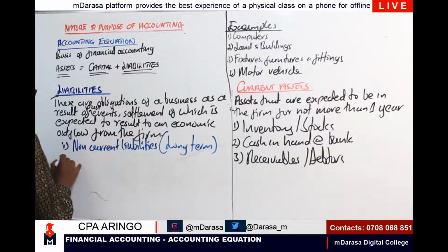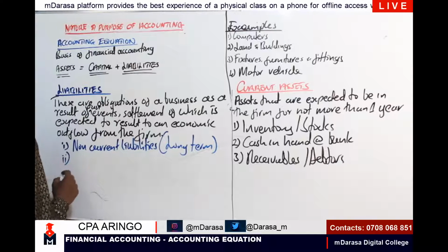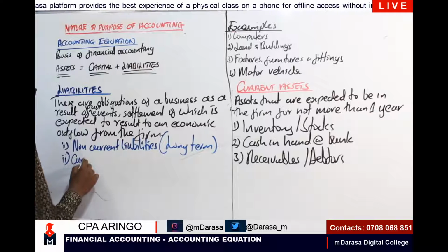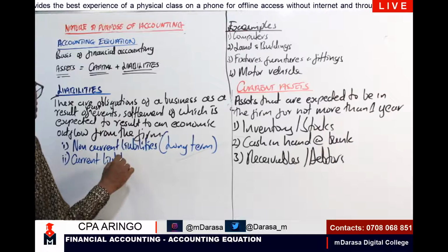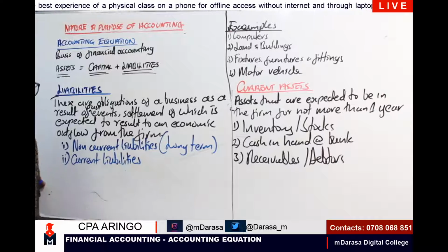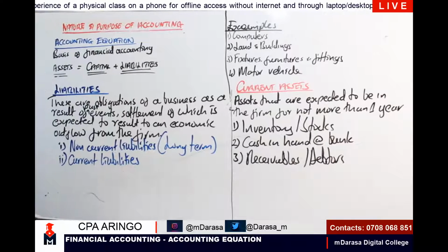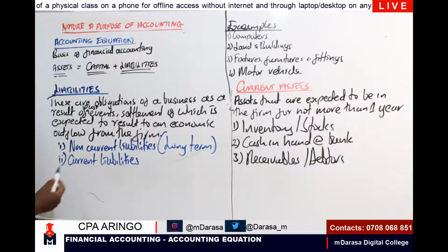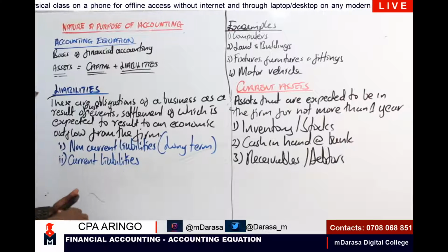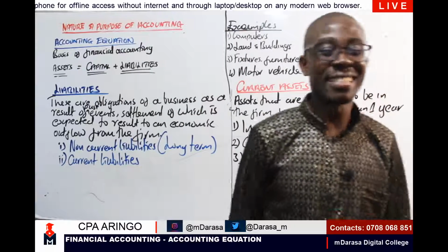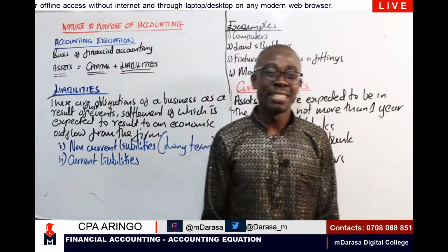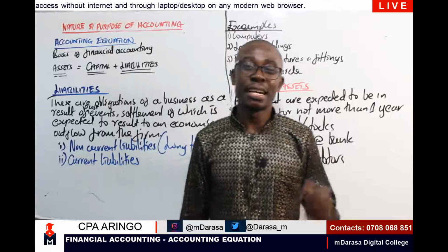And number two, we are talking of current liabilities. So for liabilities, we are talking of two: non-current liabilities as well as current liabilities, just like assets.